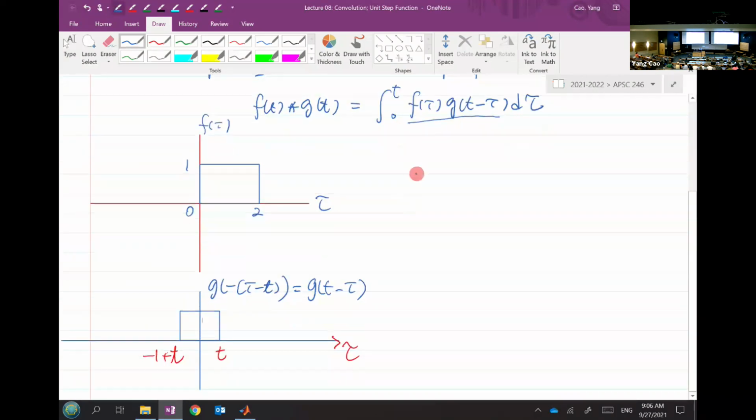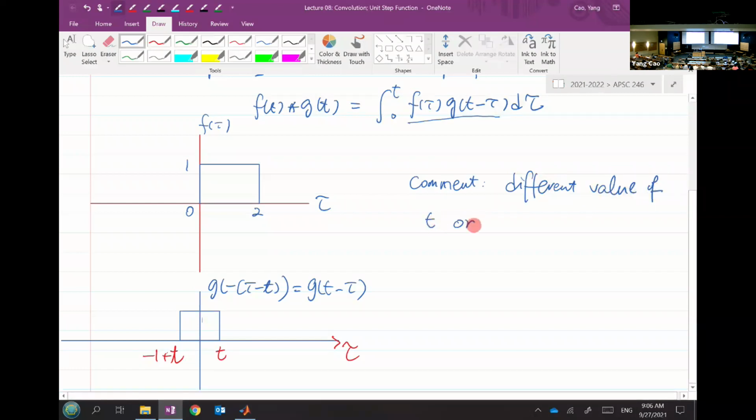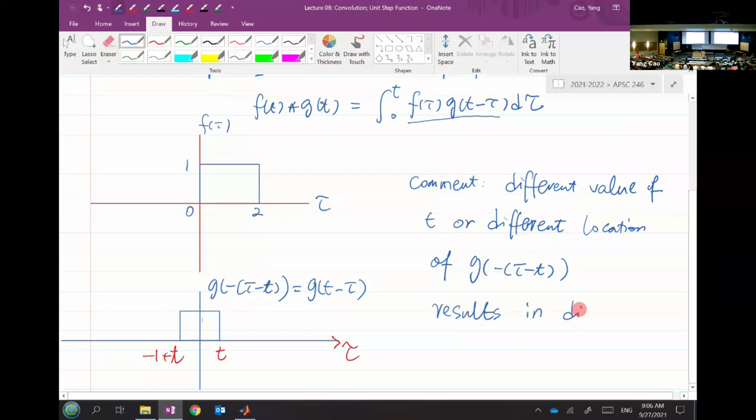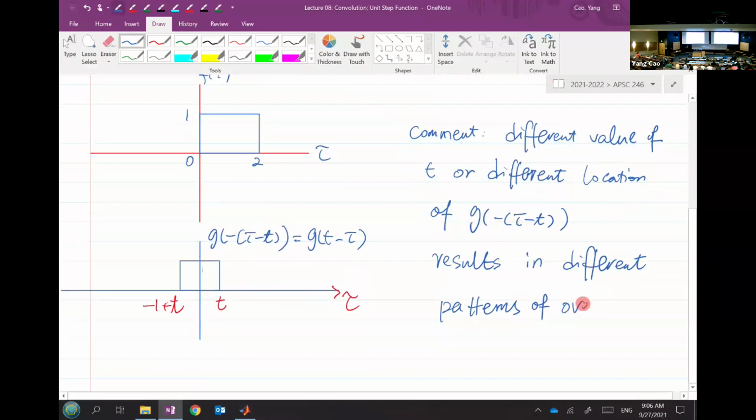So let me write down the comments here. A different value of t, or a different location of g of negative tau minus t, so a different location of this box or this graph, results in different patterns of overlap between this f of tau and g of t minus tau.